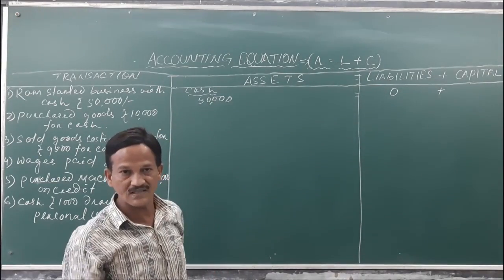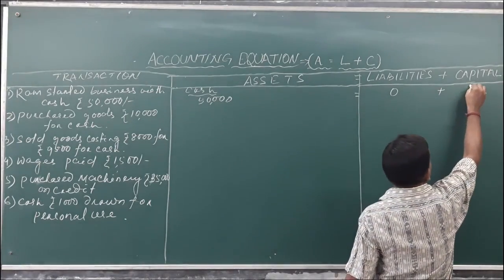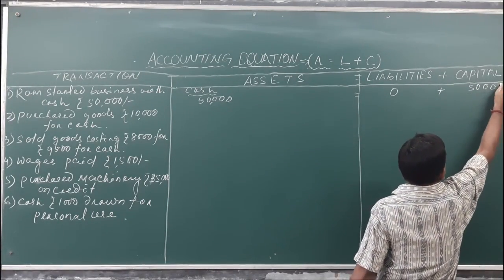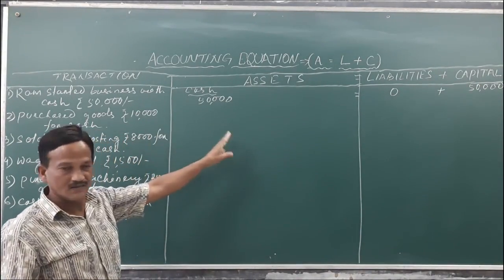Ram is the owner of the business, so he invests money, and that comes as capital 50,000. This is the first equation.